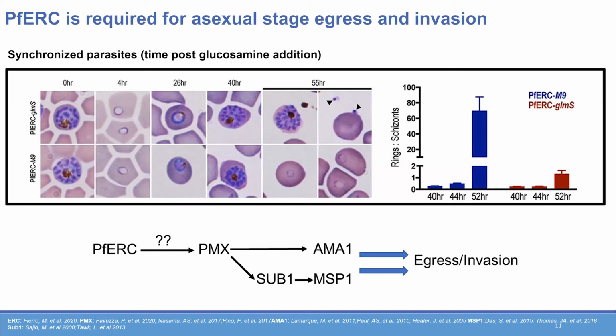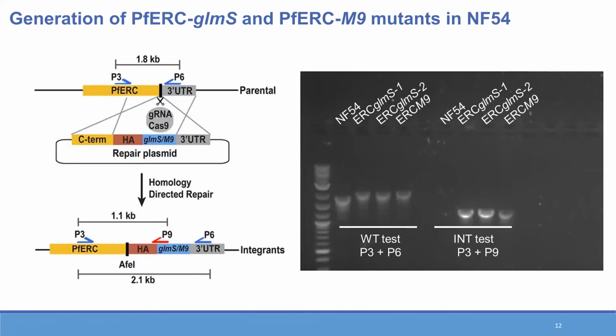Not only did he use the GLMS system, which is what I'm trying to adapt to the mosquito, but this protein and all of the proteins downstream whose proteolytic processing was affected during knockdown are highly expressed in the ookinete based on data available on PlasmoDB. And additionally, studies have indicated that plasmepsin 10 and AMA1 that are in this pathway are required for establishing an infection in the midgut of the parasite. So hopefully I've convinced you that this is a very interesting protein.